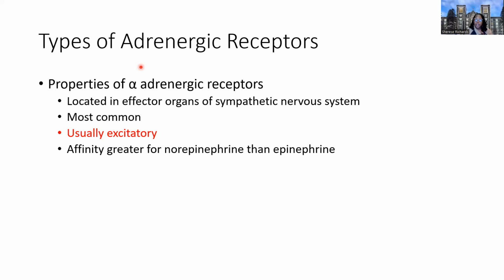They can either constrict or contract those blood vessels, or they can relax those blood vessels. So this is what we mean by excitatory versus inhibitory. How are they affecting the tissues that they are found on when norepinephrine or epinephrine does bind to that receptor? And then the affinity can vary, usually greater for norepinephrine than for epinephrine.